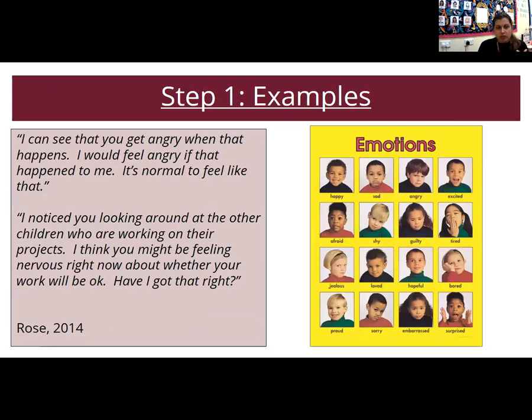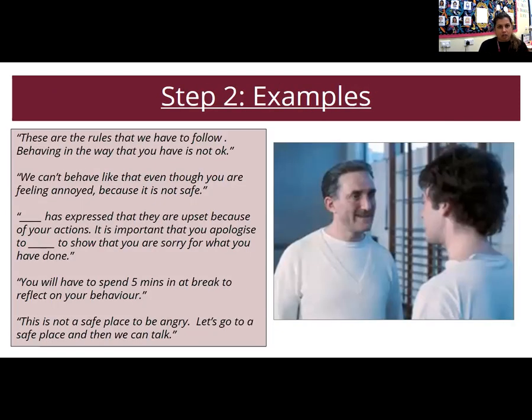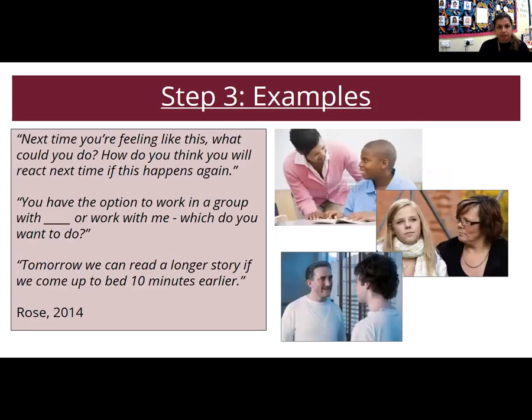And what you do again is you go through step 1 again and go back to step 2. So you might have to keep going backwards and forwards. But what's really important is that you don't do step 1, miss out step 2 and go to step 3. You would only miss out step 2, the boundaries and setting those limits, if that child has not done something which is dangerous to themselves or others. But it is important that you follow step 1, 2 and 3.